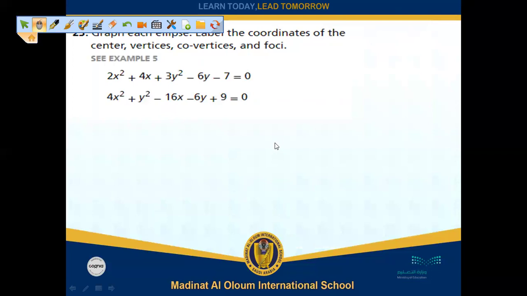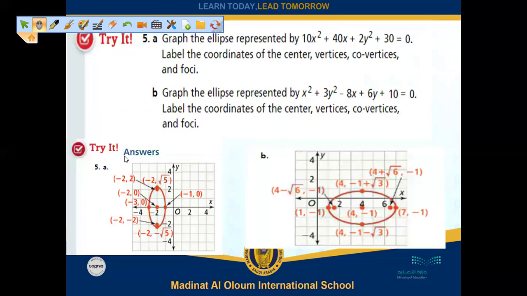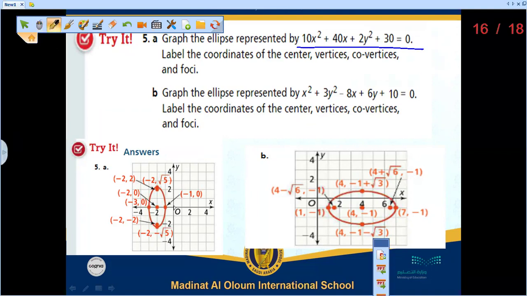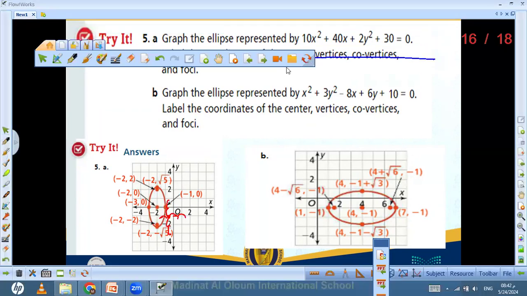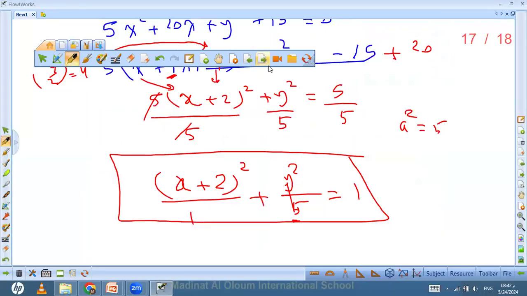I go up a, which is radical 5, and I go left and right 1, and I make my equation according to this x and y, because a is radical 5 and b is 1.